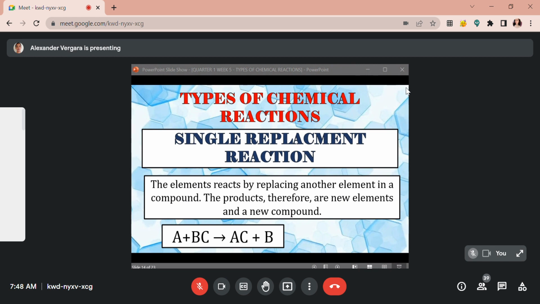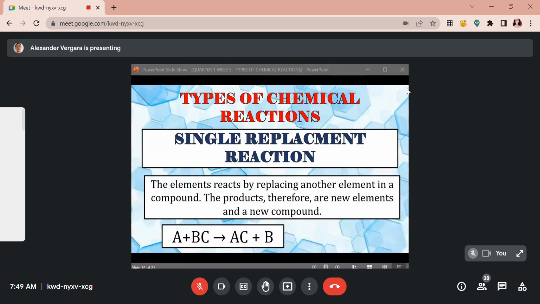And then suddenly Nathaniel enters the relationship. Then at the end, it will produce what? Nathaniel and Maui are together, then Jake is set aside. Or maybe at the end, the product will be Jake and Nathaniel together, then Maui is set aside. Joke only. That is an example of the single replacement reaction.